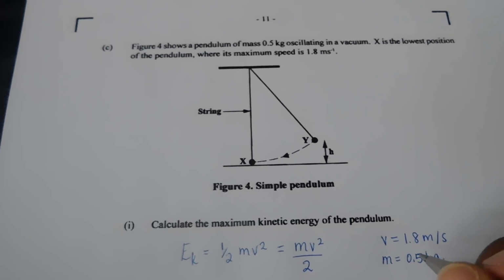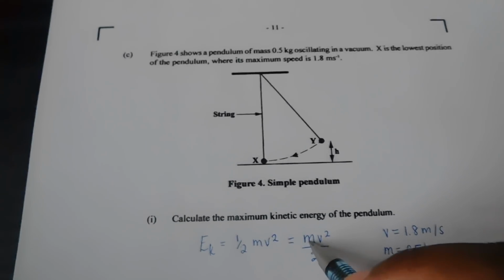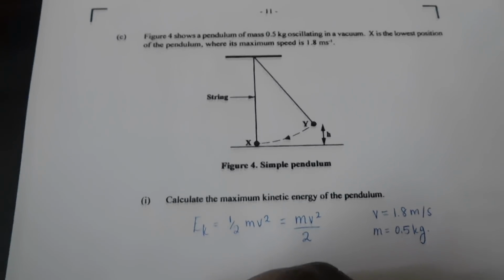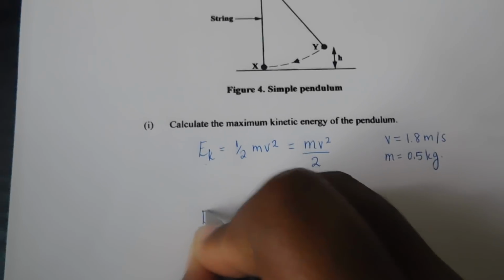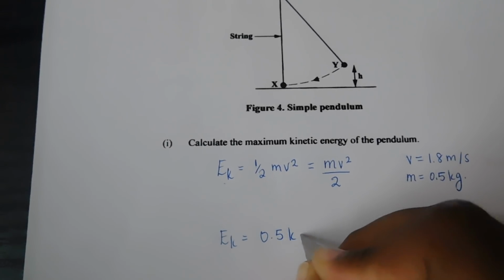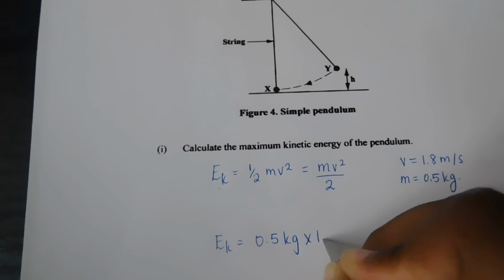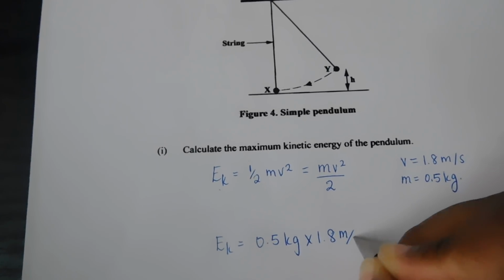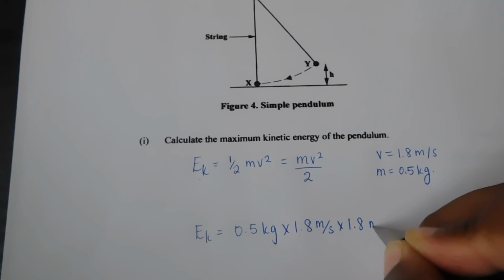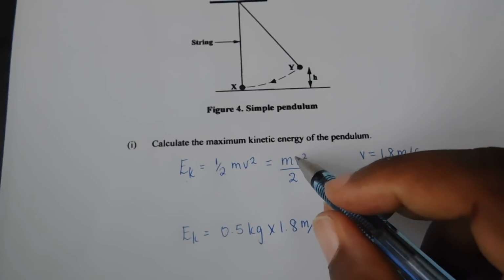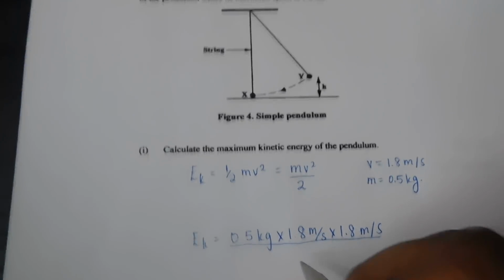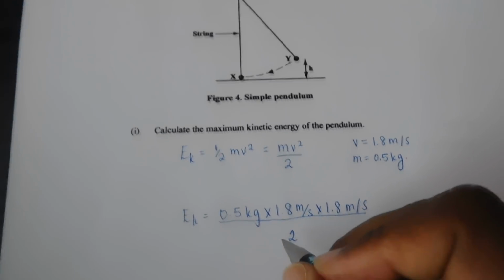We have everything we need. So EK is equal to 0.5 kilograms times 1.8 meters per second times 1.8 meters per second, because remember the velocity was squared, and all this is over 2.